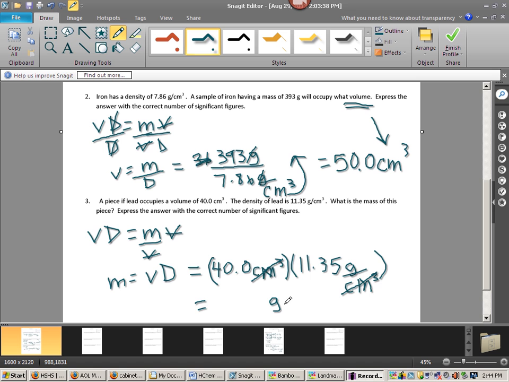40.0 times 11.35 is equal to 454. Three significant figures, 1, 2, 3. Why are they all significant? Because Pacific rule, you come in from the left, and as soon as you hit a non-zero, then the rest of them are significant.